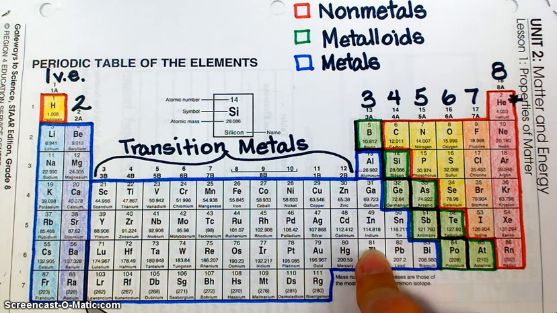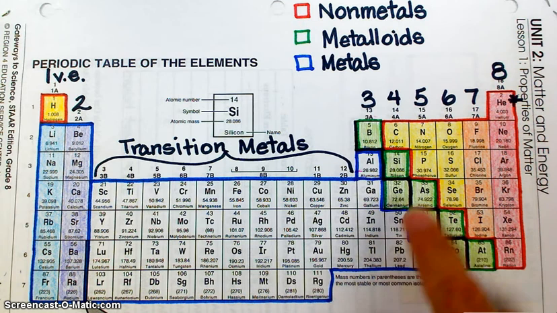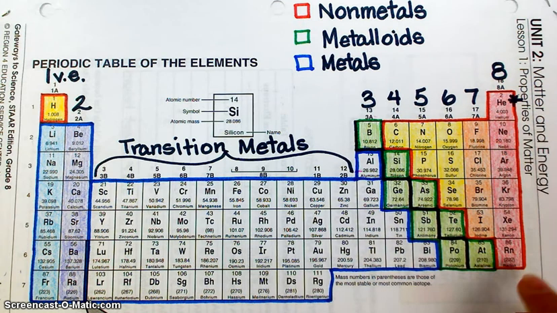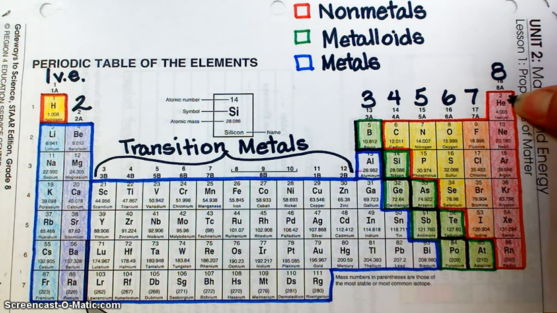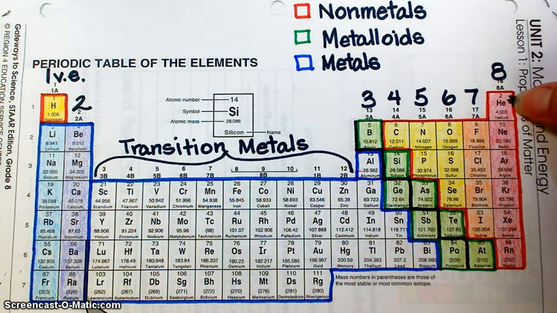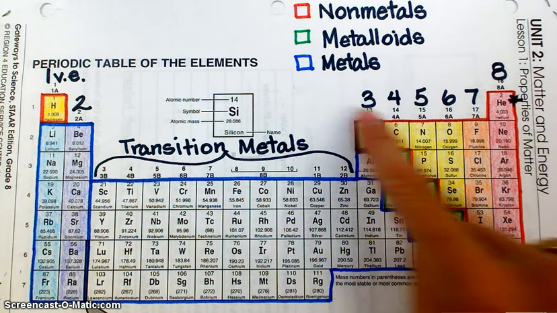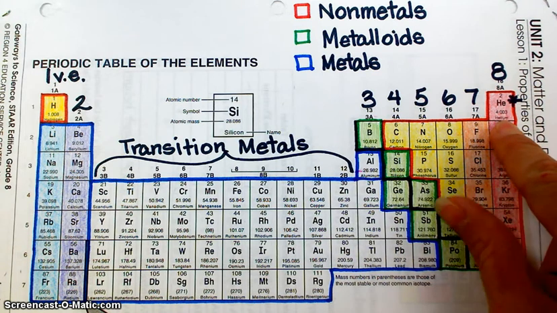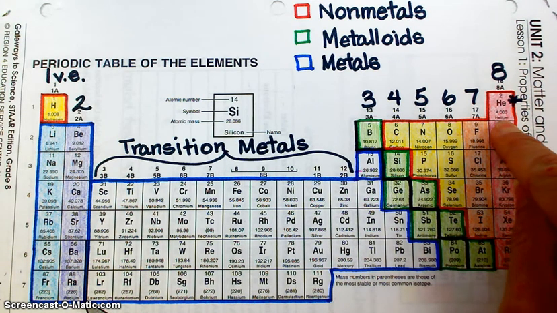Tall column number 3, or 13, or sometimes 3A, has 3 valence electrons, then 4, 5, 6, 7, 8 valence electrons, except for helium. Remember, helium is an exception, but we put helium over there because it is unreactive, just like the rest of the noble gases, because even though it has 2 valence electrons, it's in the first energy level, and remember that the first energy level is full with 2.